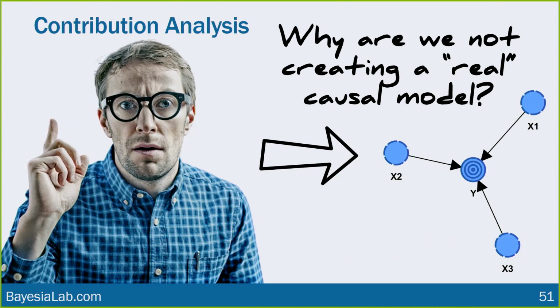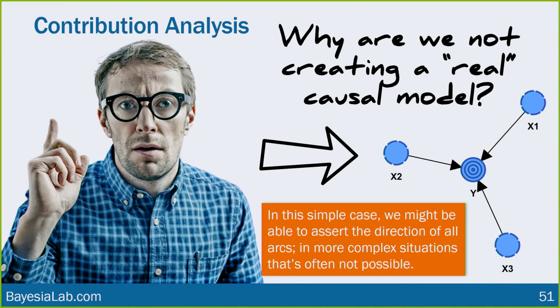Now you may say, hey, couldn't we have created a real causal model like this one here? This would represent the domain as we know it. Well, yes, we could have done this. In the simple case, we might be able just to say we know the causal direction.